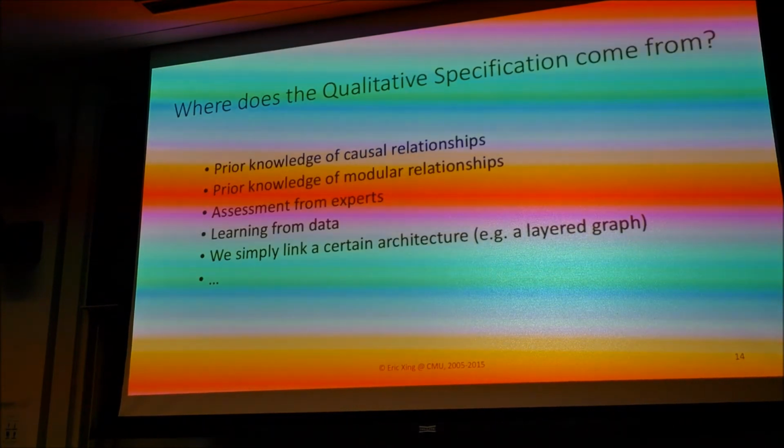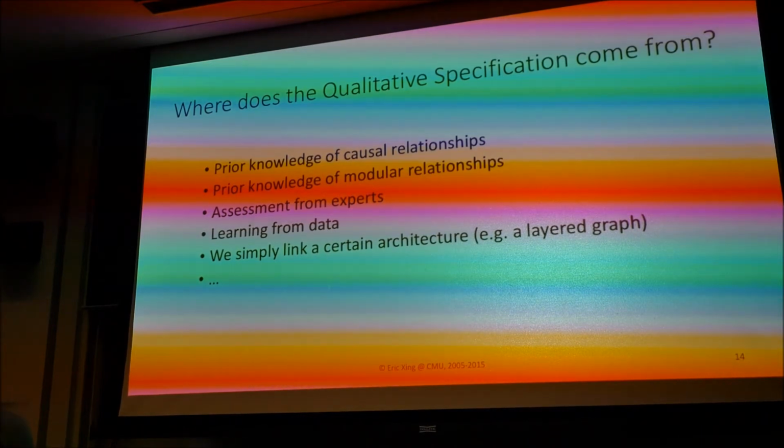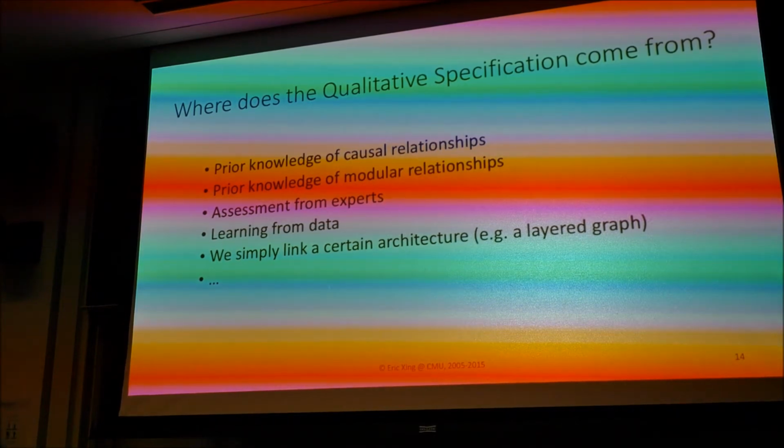Now, as I told you, the structure is the qualitative part. It either comes from your domain knowledge, or you can learn it from the data. Of course, learning from the data can be a little bit risky, and we'll talk about it in the learning section of the course. But these are the different ways that you can build your graphical model.